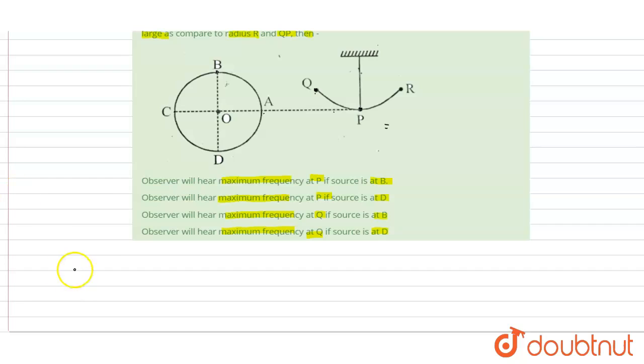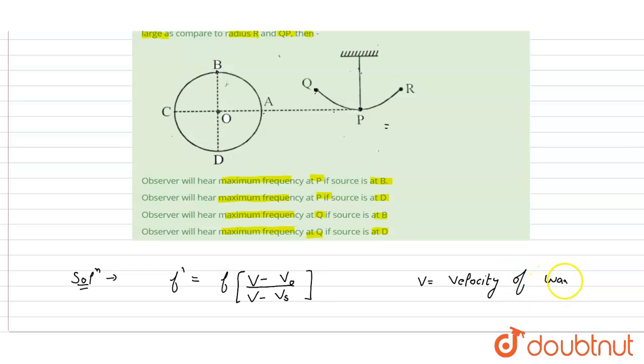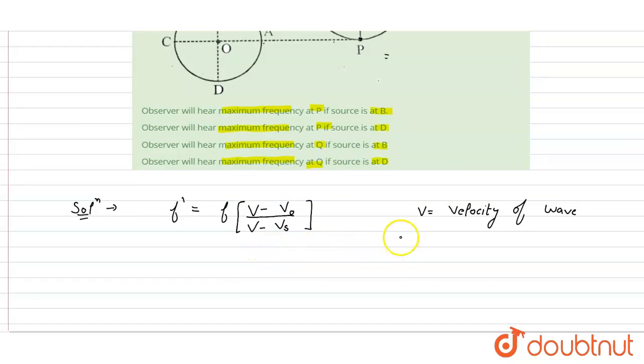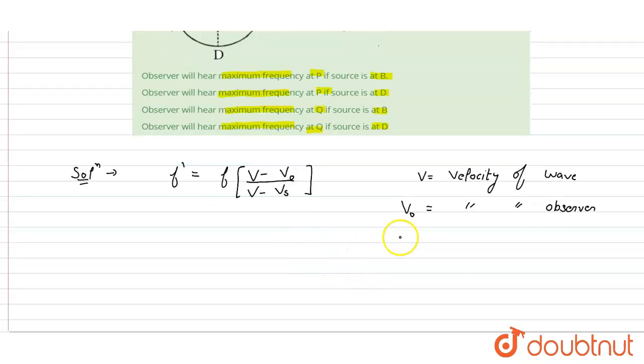Now, as our solution begins, we know that according to Doppler's effect, the apparent frequency f dash is f into v minus vo upon v minus vs, where v is the velocity of wave, vo is the velocity of observer, and vs is the velocity of source.